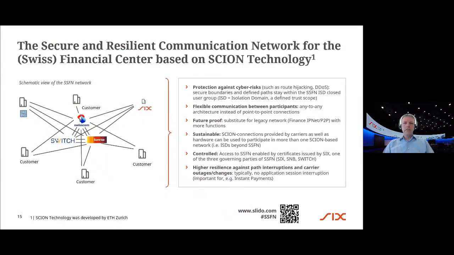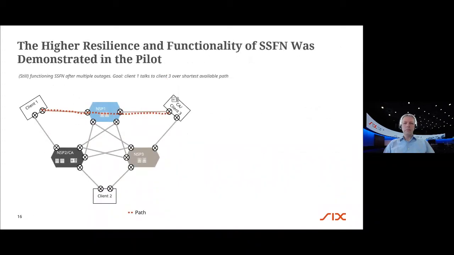So how does it look from a resilience perspective? What I'm going to show you here is more or less the same picture as before, but now with the focus on the network service providers, so the telcos in the middle, and with the clients using that network. It's not a terribly complex network that we set up right now, but just to illustrate how it works and what the benefit is, I want to show you a concrete use case.